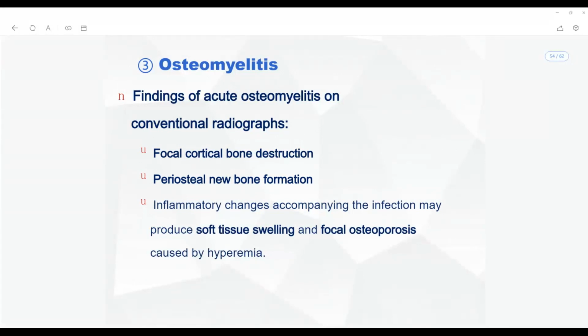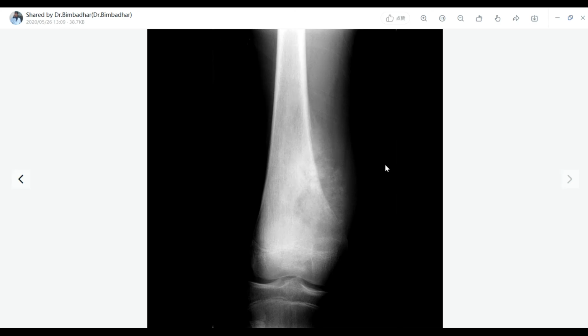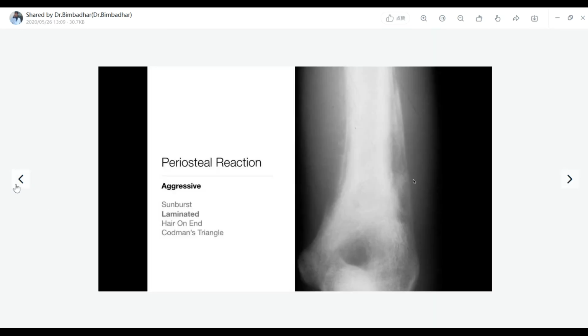In this picture, you see the periosteum has become prominent.